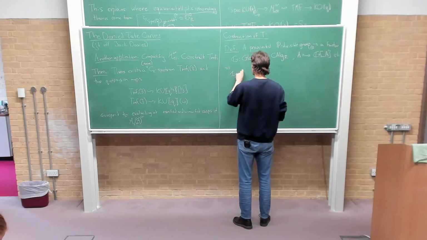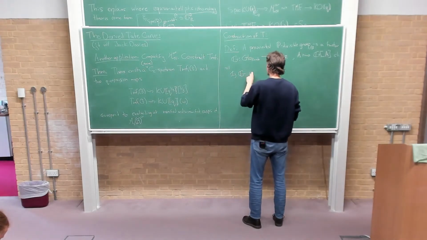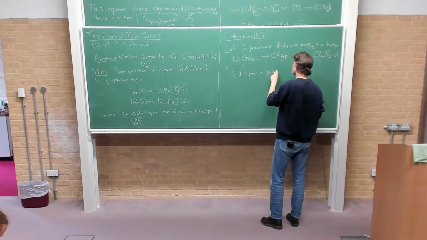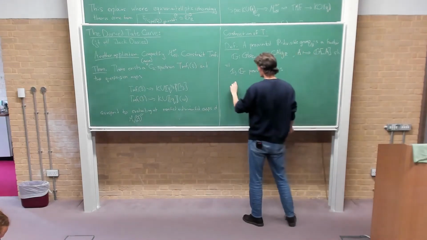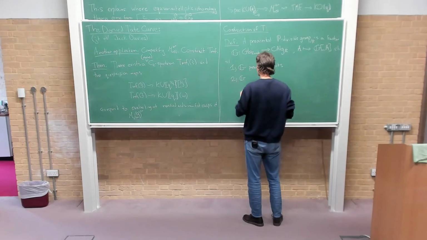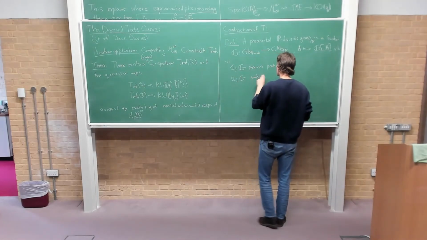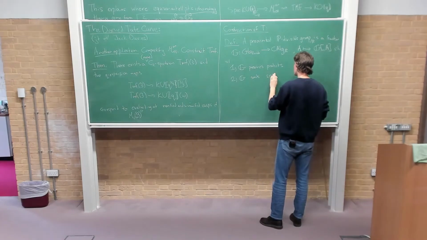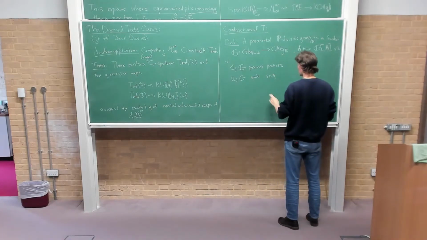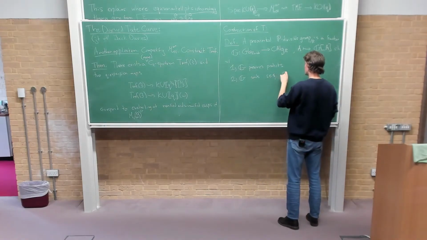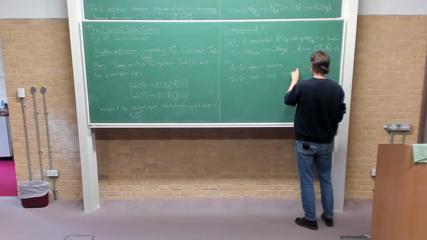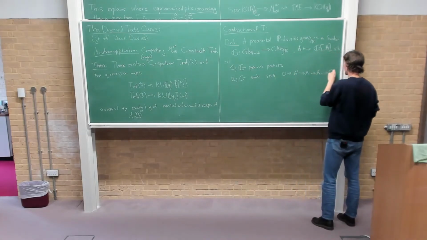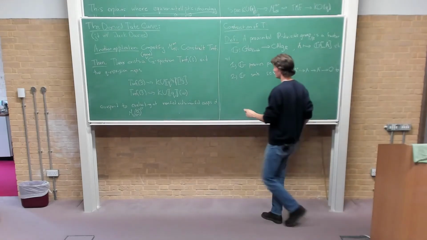So first of all, G preserves products. And second, G sends short exact sequences to pushouts.